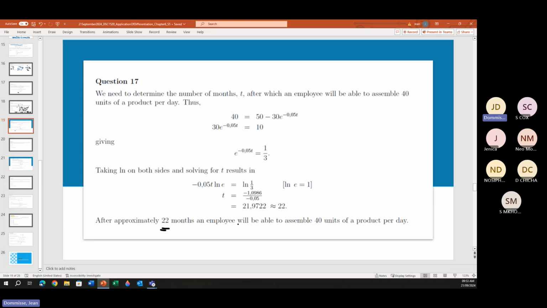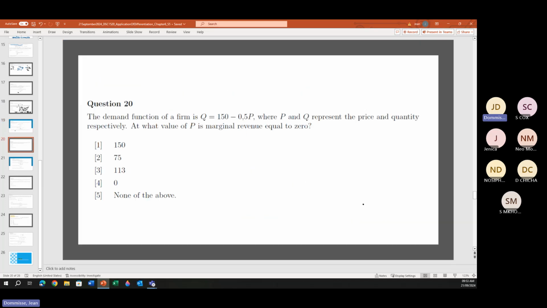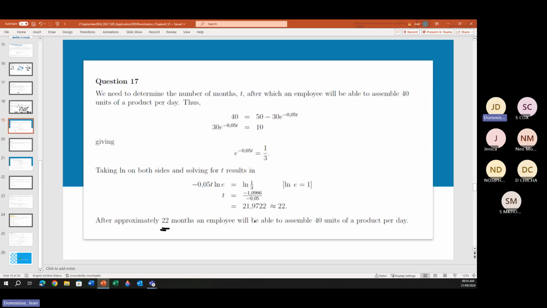But hopefully they will not have 21 and 22 as answer sets. But just always remember, if I say how many months, then it is approximately 22.